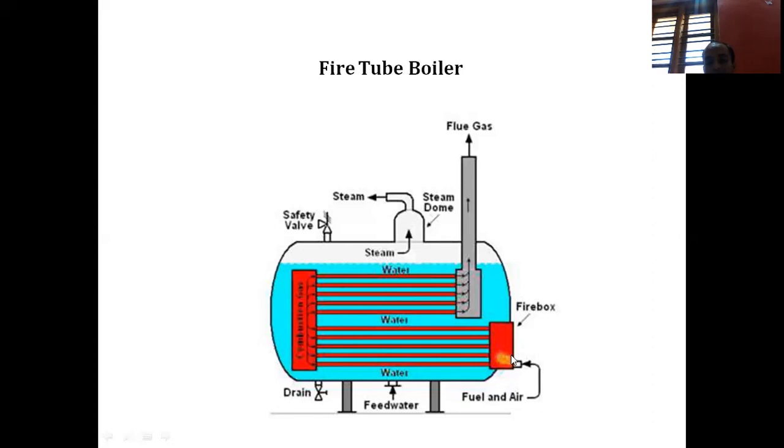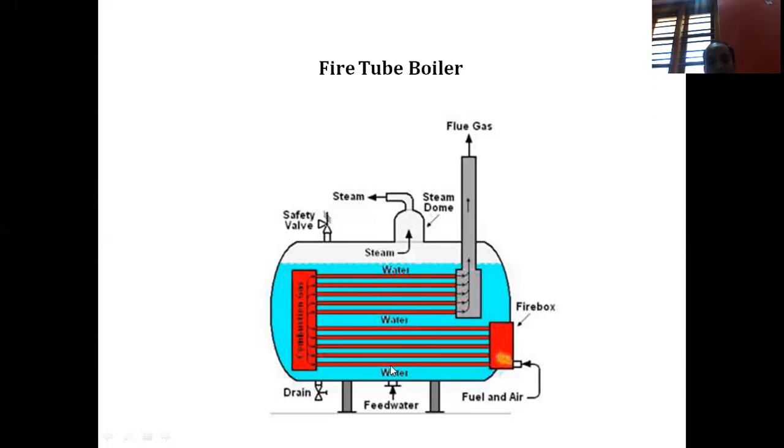When the fuel is combusted here in the furnace part, the hot gases that are developed pass through these tubes. As the hot gases flow through these tubes, they give their heat to the water which surrounds the tubes on either side.